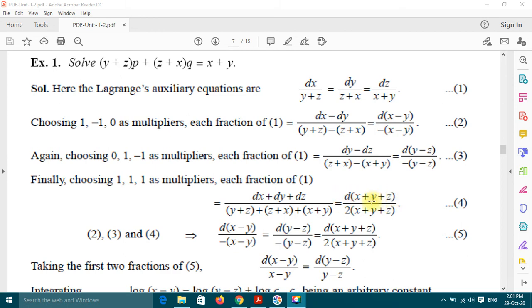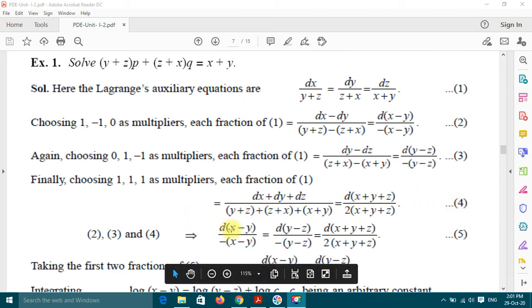So again the numerator is an exact differential of the denominator, and equations 2, 3 and 4, each fraction is equal to the fraction of equation 1. So we may conclude that d(x - y) upon minus (x - y) is equal to d(y - z) upon minus (y - z) is equal to d(x + y + z) upon 2(x + y + z).